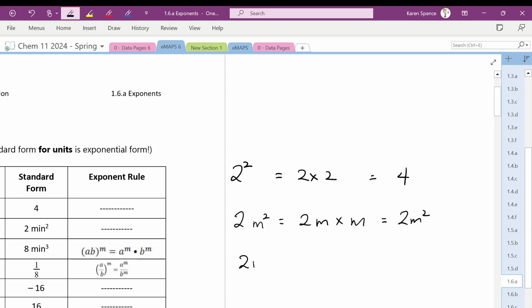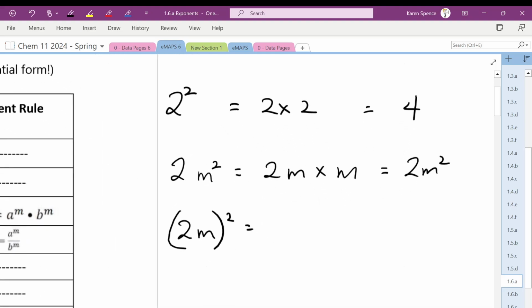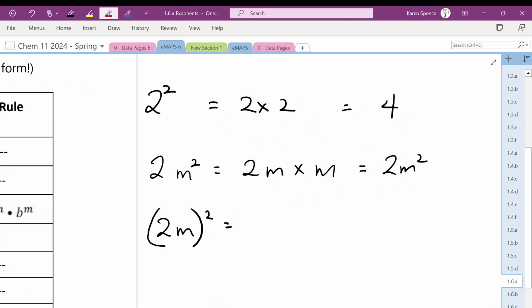What if I had 2 meters in brackets squared? Everything inside the brackets is squared. So when we have a squared and there's no brackets, it only refers to the one thing that it's attached to. But when we have a square and there are brackets, it refers to everything inside the brackets. So it means we're squaring the 2 and we are squaring the meters.